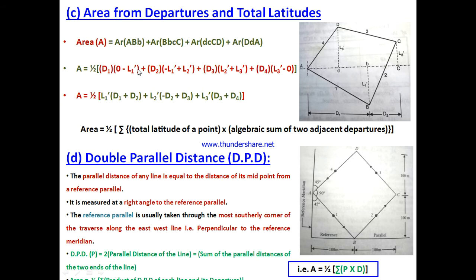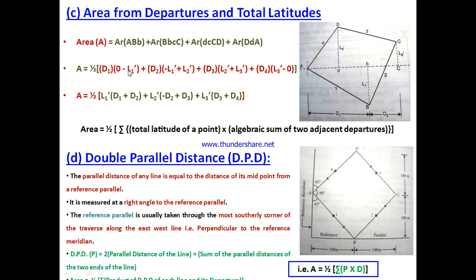Okay. So in this manner, with the help of proper sign conventions, we can calculate the area from departure and total latitude, which will be equal to half the algebraic summation of the total latitude of a point into the algebraic summation of two adjacent departures.